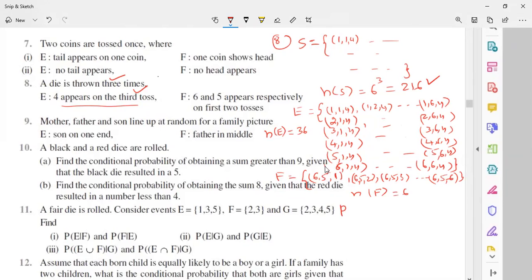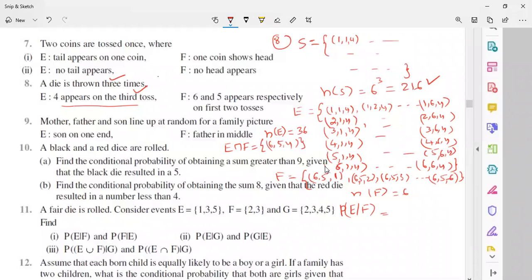I'm writing the probability of E when F has happened, meaning probability of E intersection F divided by probability of F. We forgot to write the intersection. E intersection F is only one event, 6, 5, 4. Only 6, 5, 4 is the event which is common in both the events.